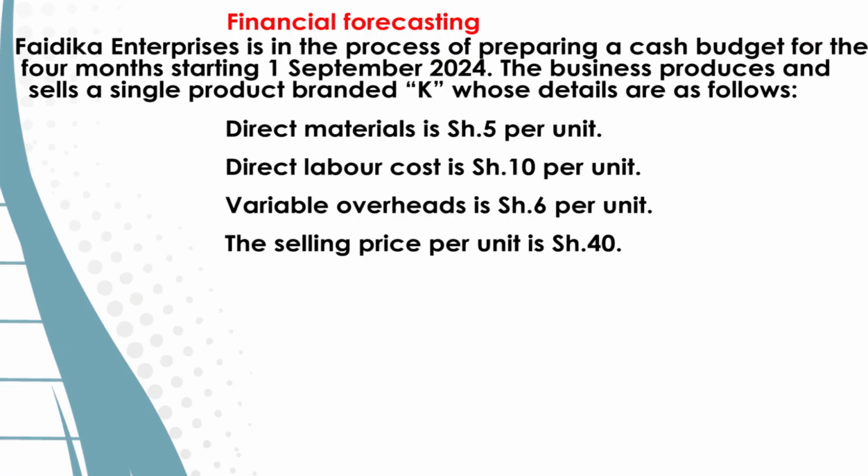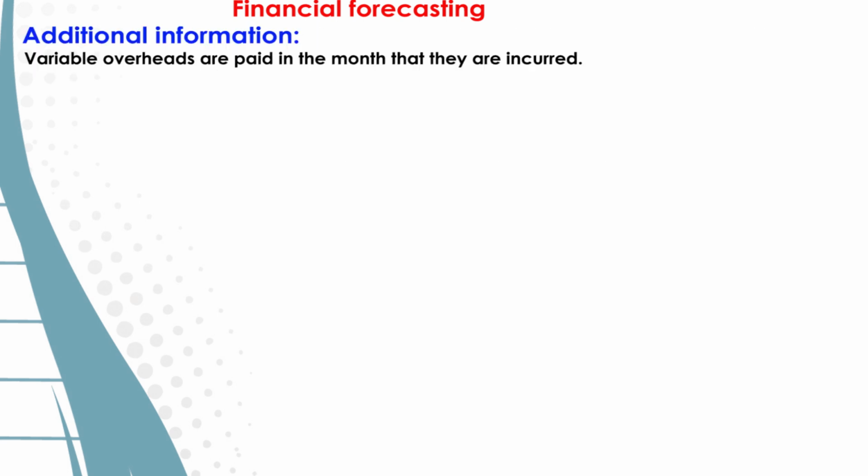Before the table, we have variable overhead is 6 shillings per unit. Do you have any other information on variable overheads? Yes, look at note number 2. We read that variable overheads are paid in the month that they are incurred.